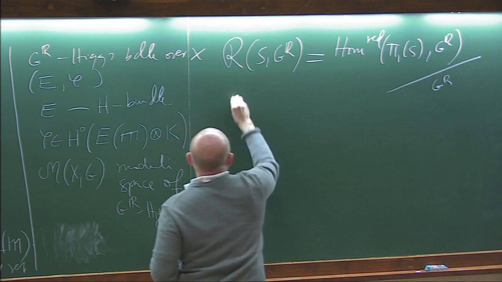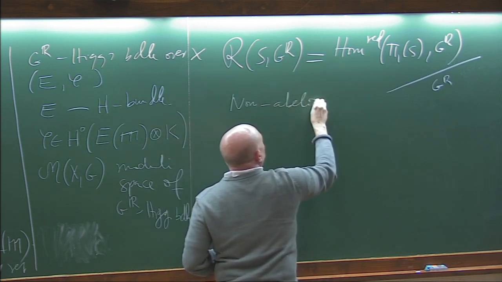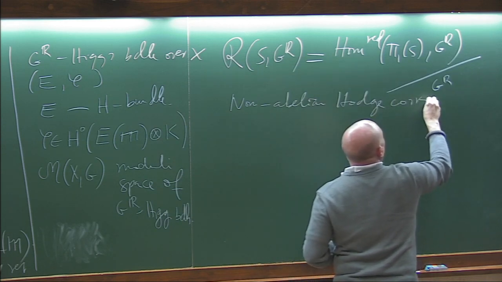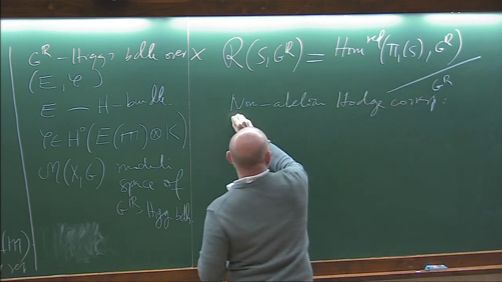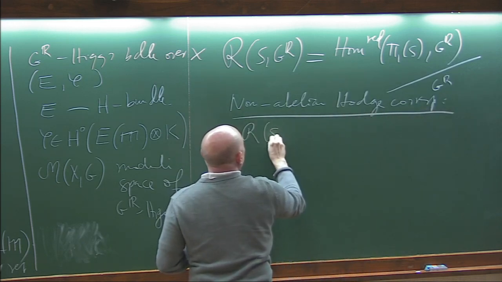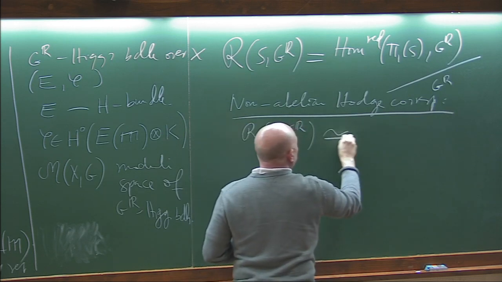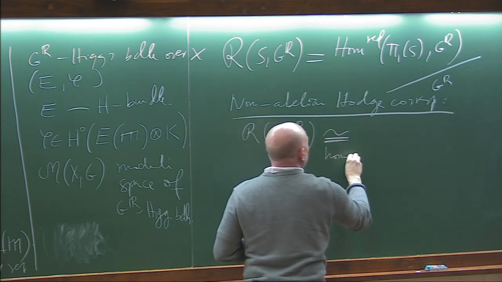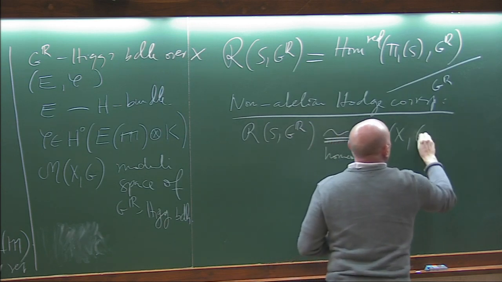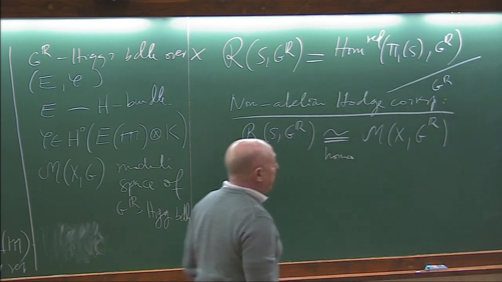And the non-abelian Hodge correspondence establishes a homeomorphism of this moduli space of representations with the moduli space of Higgs bundles for this real group. That could be complex, remember.